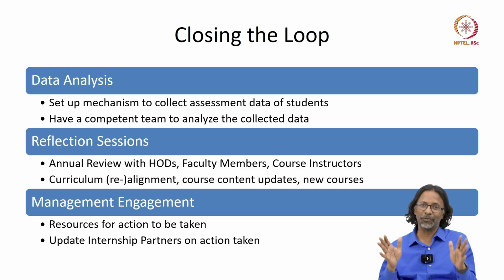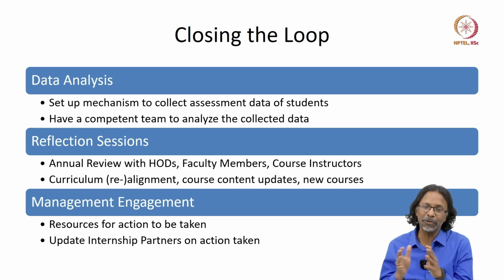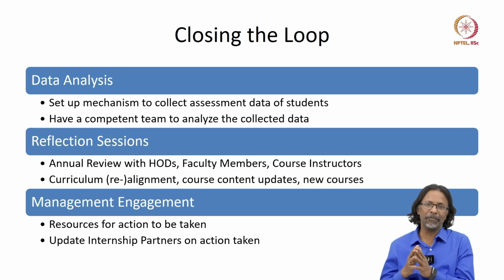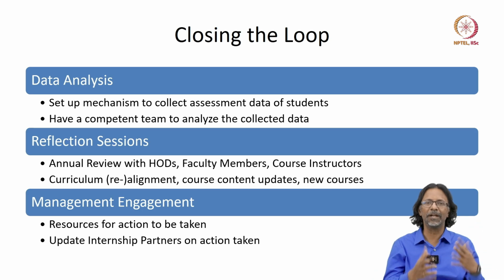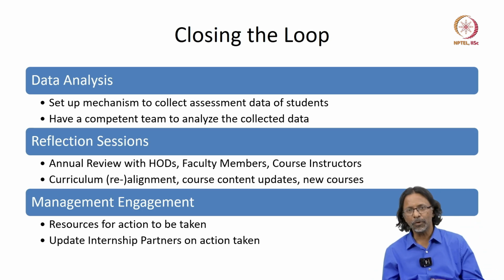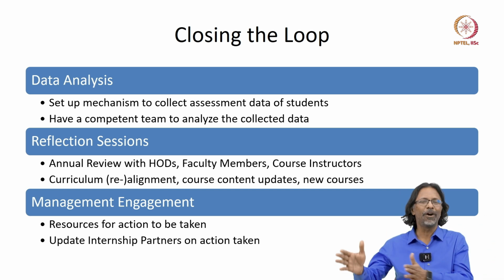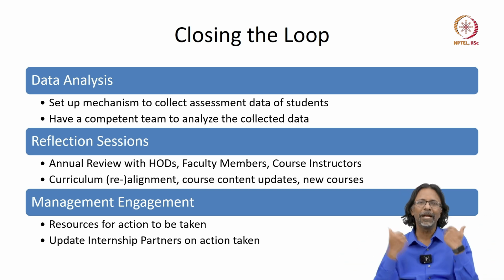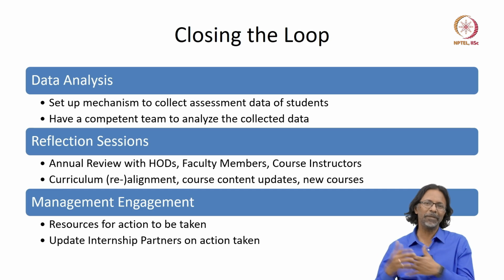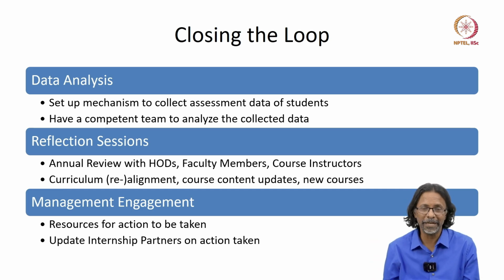Tell them, look, we have heard your feedback, and we have made these curriculum changes to ensure that students have these competencies at a novice level while leaving, so that you can push them towards the intermediate and advanced stages. That mechanism has to be created.